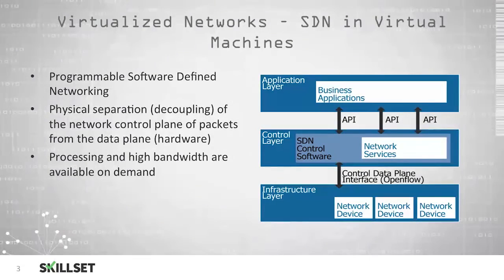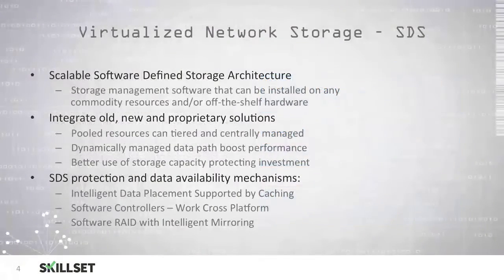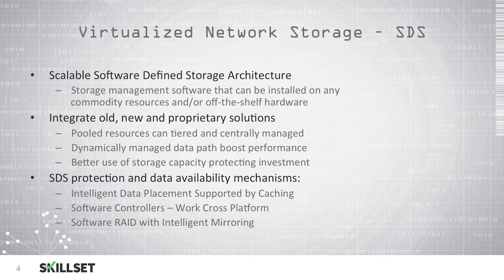It separates your network into an application layer where your applications will run, uses APIs to interface with the control layer where you have your software-defined networking control software and your network services. And then you have a control data plane interface which communicates with the infrastructure layer where you have your actual physical network devices.